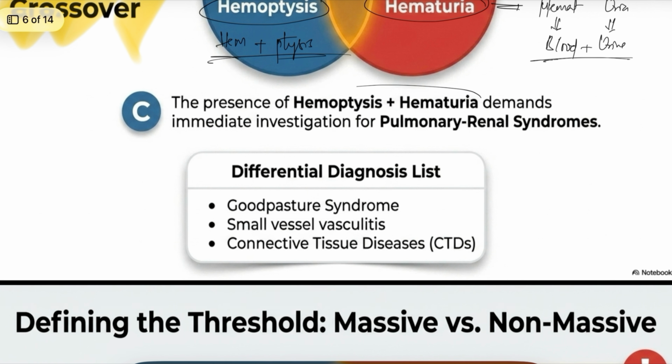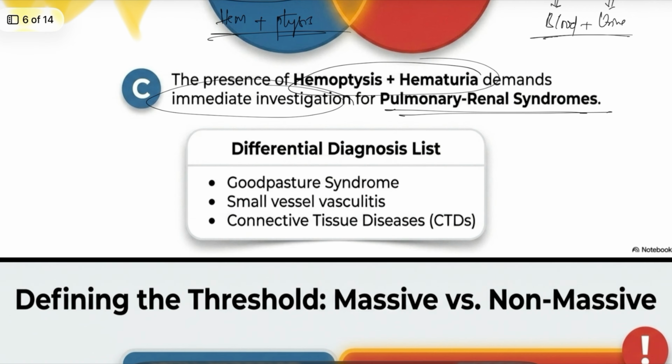When we see hemoptysis and hematuria at a time, we most commonly call that pulmonary renal syndrome, where we have to make the patient undergo immediate investigations. The differentials include Goodpasture syndrome, which is also important. I already covered it under rheumatology, kindly go and watch rheumatology.